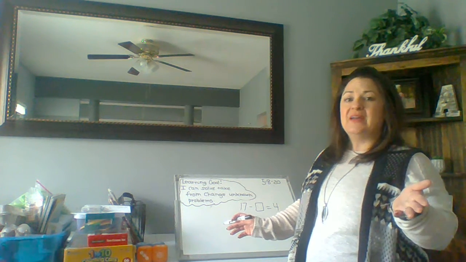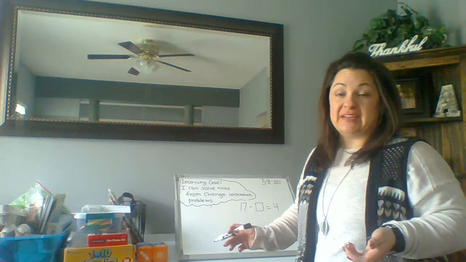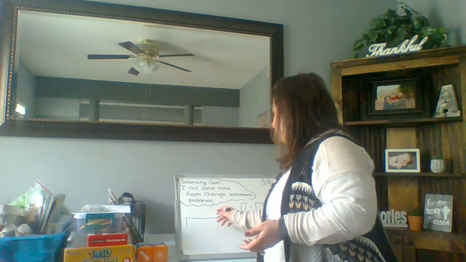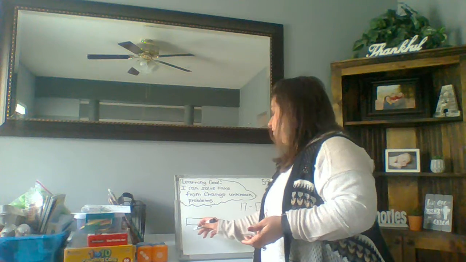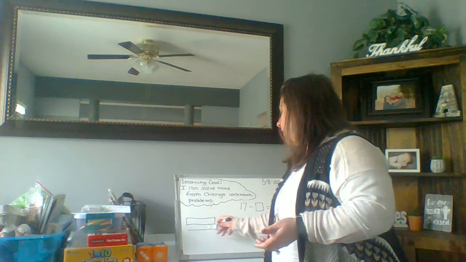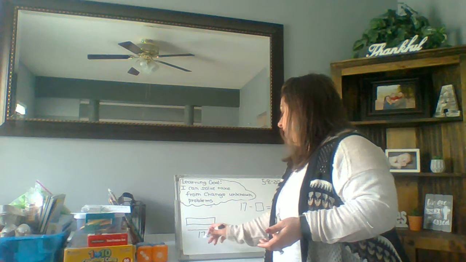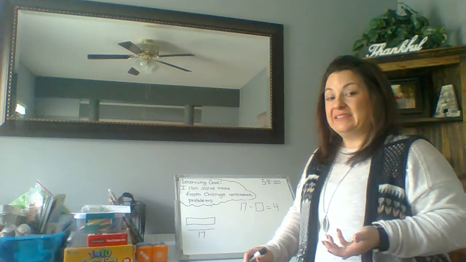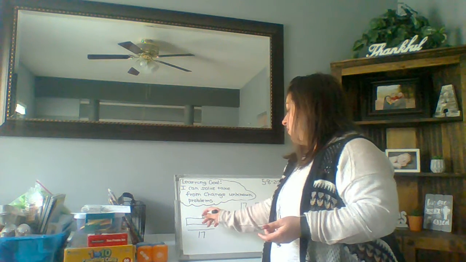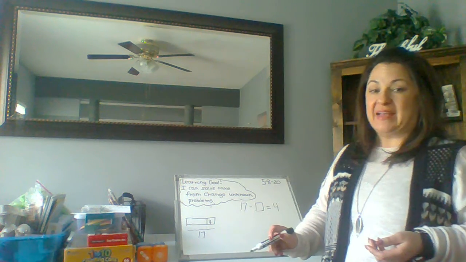Now, I told you that I was going to show you how to set up a tape diagram. So this is how we do that. We know that in total there were 17. This whole box is 17. And we know at the end they had 4 left. We don't know what goes here yet.